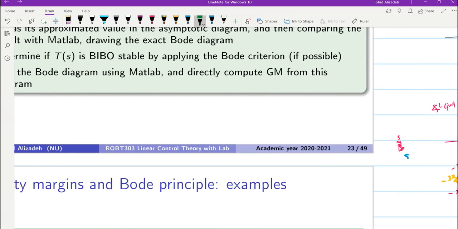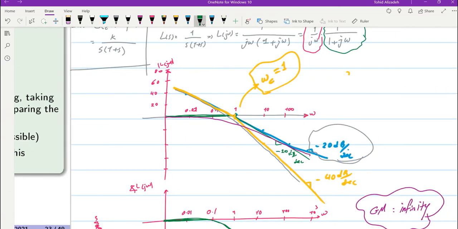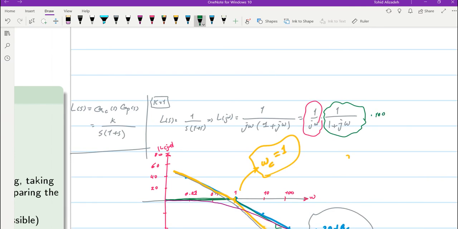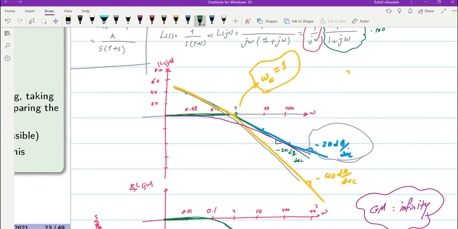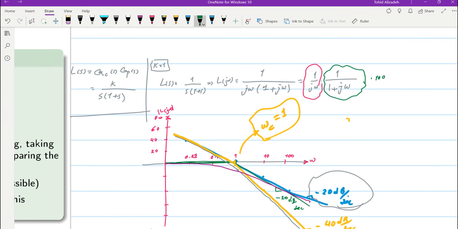We can try it for the value of k when it is equal to 100. When k becomes 100, we will have a third component here. For that component, we know that the phase will be equal to 0, and in terms of amplitude, we would need to consider the 20 decibel amplitude, and it will be indeed added to our amplitude plot.